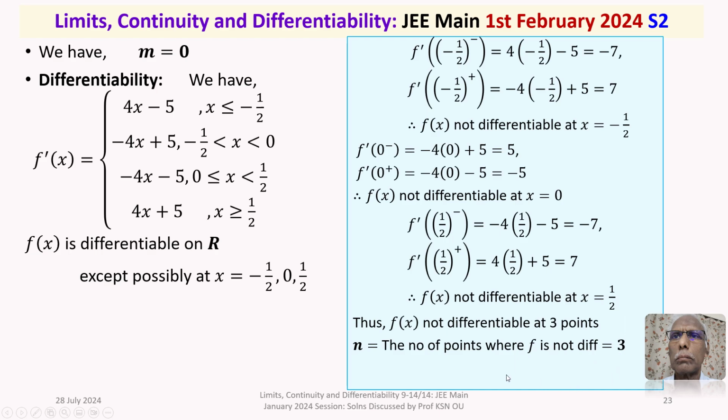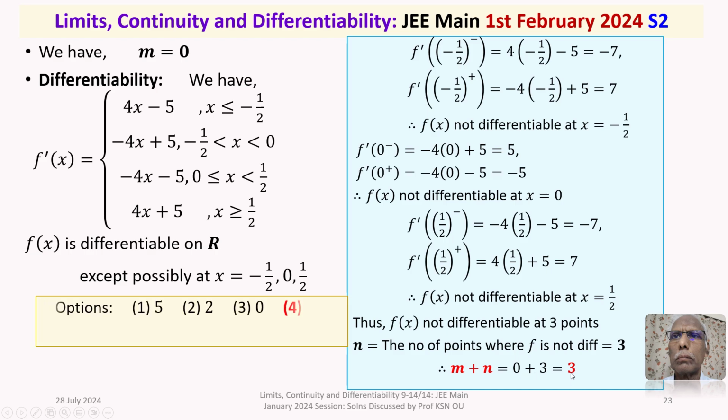What is to be found out? Required to find the value of m plus n, that is 0 plus 3, that is equal to 3. So, let's look at our options. Our answer 3 appears against option 4. Therefore, the answer to this question is option 4.